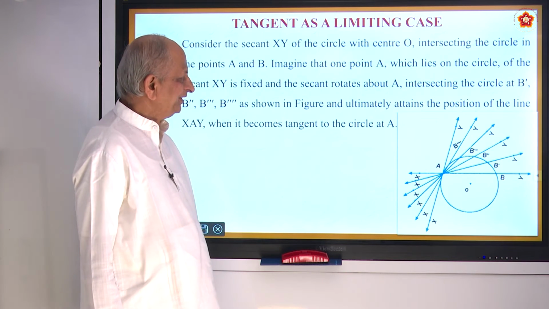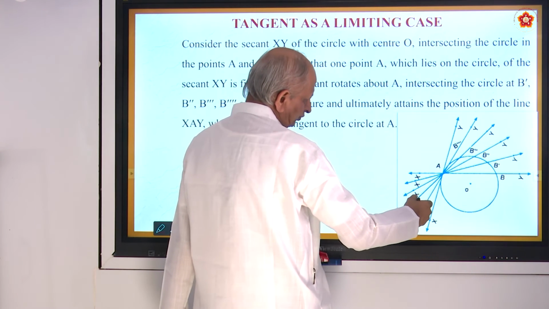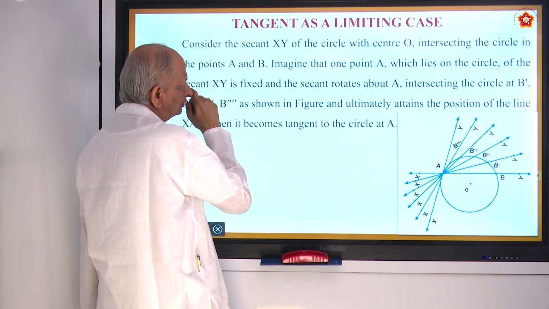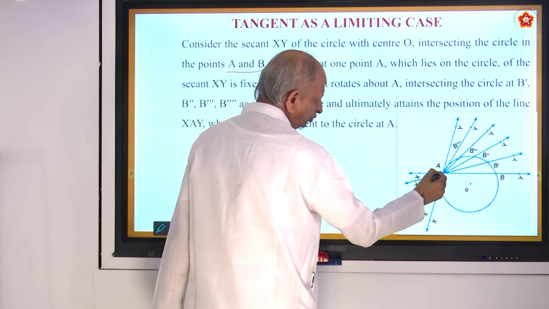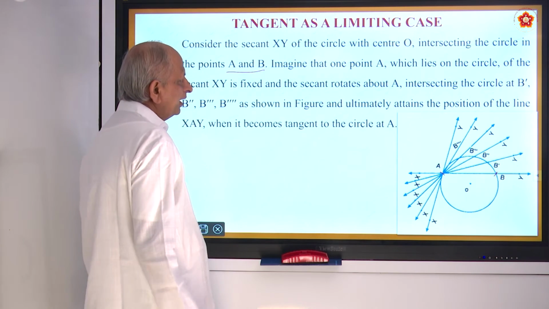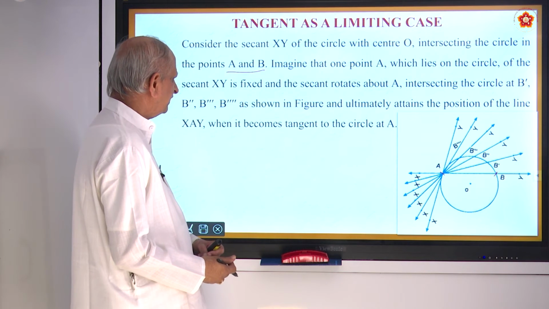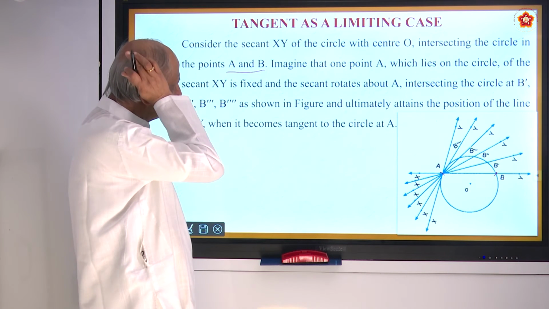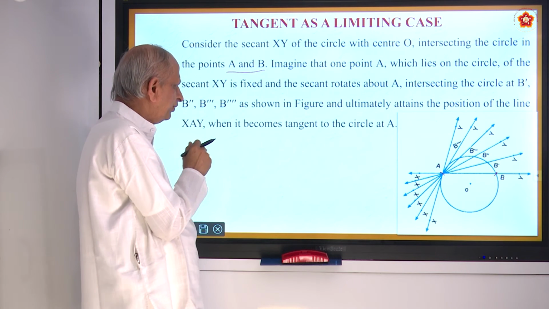Now here is a very interesting case. Consider the secant XY which touches the circle in 2 points A and B. So these are the 2 points A and B. Imagine that one point A, which lies on the circle and on the secant XY, is fixed. The secant rotates about A and intersects the circle at B dash, B double dash, B triple dash, B 4 dash.